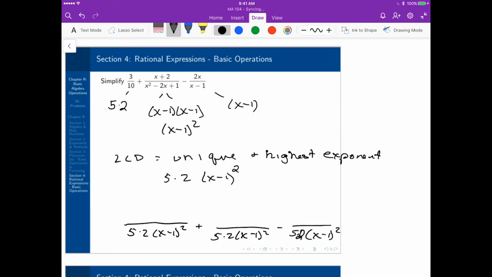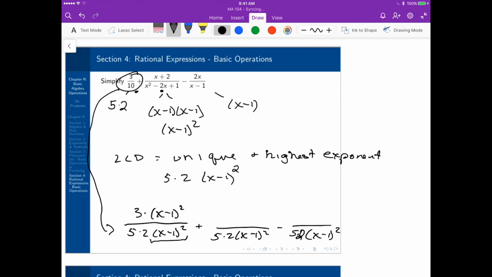When I want to start expressing this, I look at the first denominator and ask what's missing from it that is in my common one. I can see that this x minus 1 quantity squared is missing from the original denominator, so I have to multiply my original numerator by that.